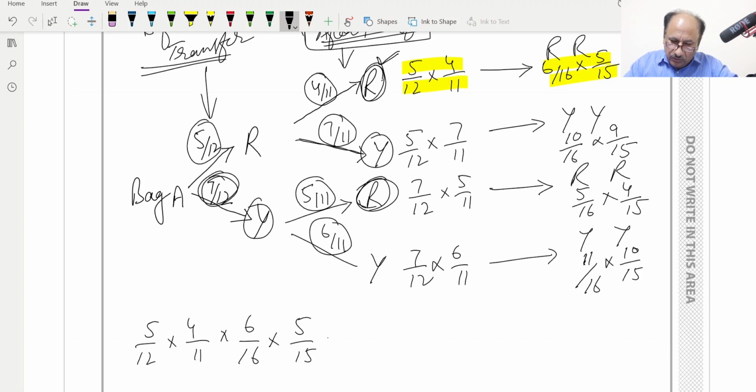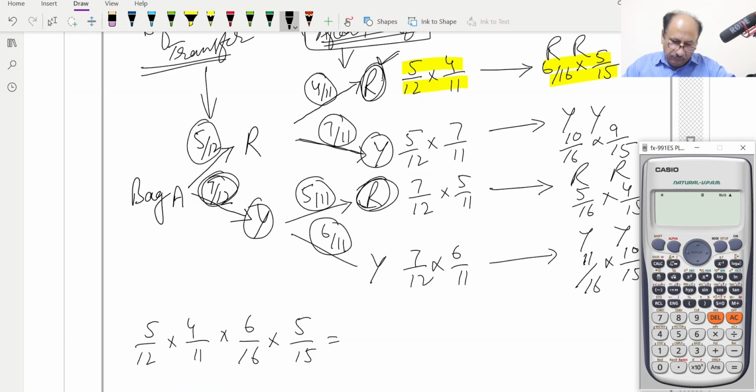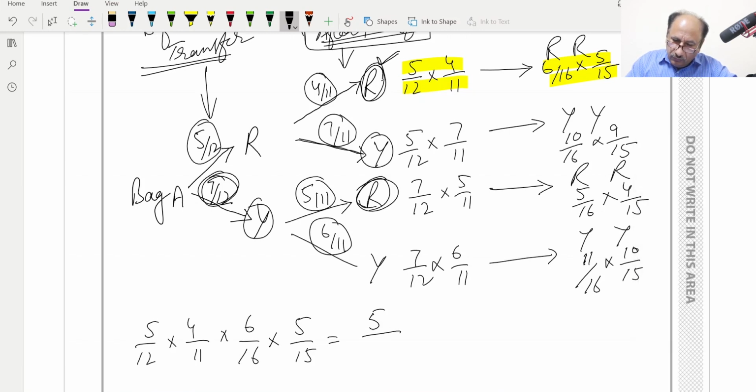And this one, if we multiply by calculator, we will get 5 over 12 multiplied by 4 divided by 11, and further multiplication 6 out of 16, and the last one will be 5 over 15, and this is equal to 5 over 264. So 5 over 264 will be this one.